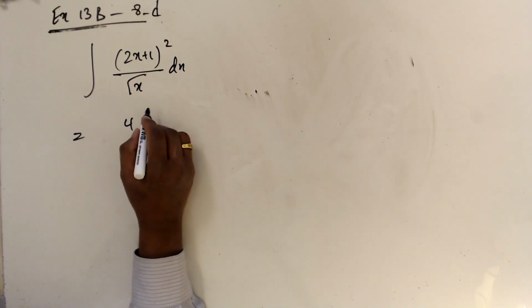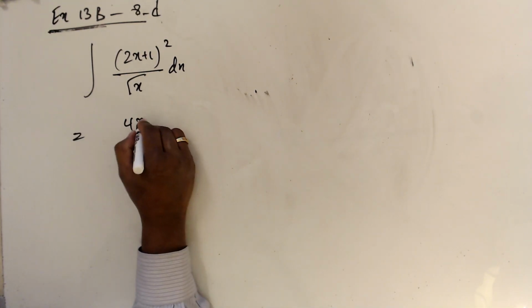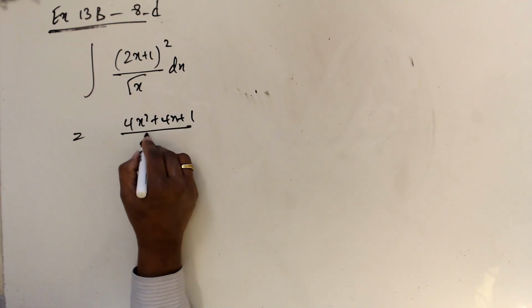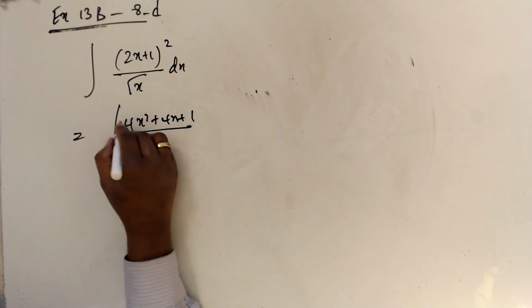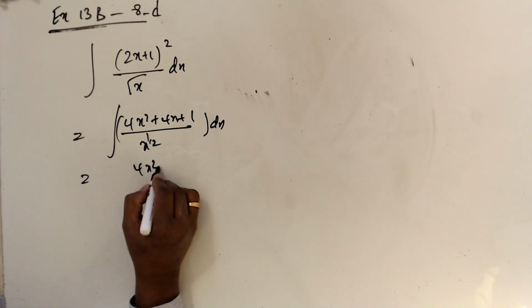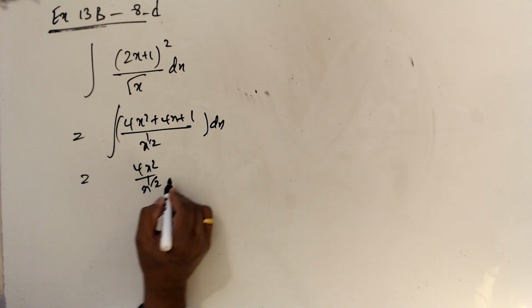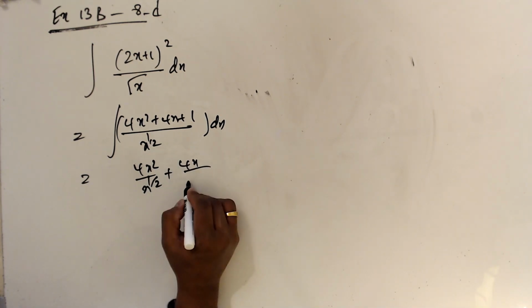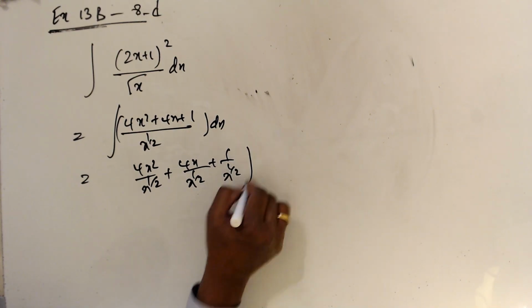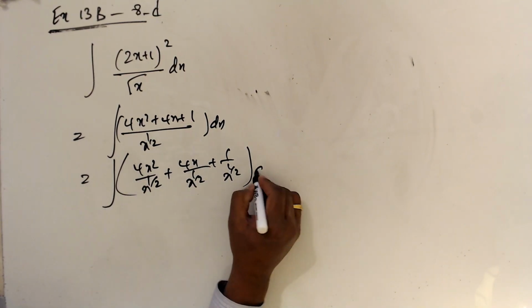So this is 4x square plus 4x plus 1 over x half dx. So this is 4x square over x half plus 4x over x half and 1 over x half dx.